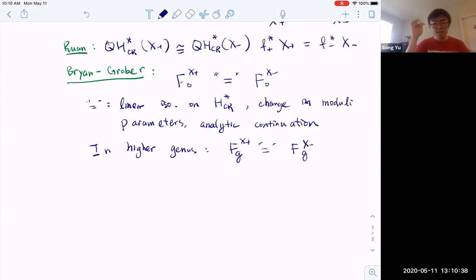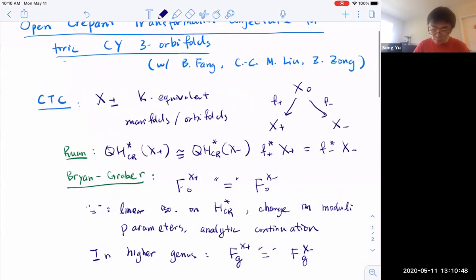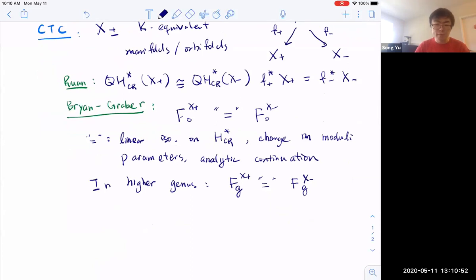These higher genus potentials don't always make sense for all spaces. So in our project, we would like to focus on toric Calabi-Yau 3-orbifolds, where we have nicely defined invariants. And in fact, we would like to extend this to the context of open Gromov-Witten theory. So that's the general goal.